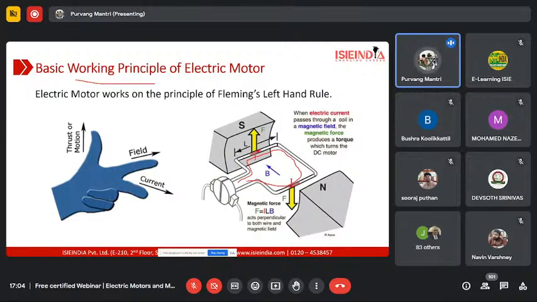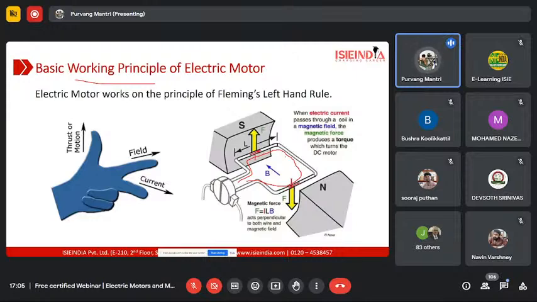But once this coil has reached its uppermost point, there is a tendency that it can go back to its original position, or go in the reverse direction. So to rotate it through an entire revolution, a 360-degree rotation, we need to change the polarity of the electric current passing through this coil.